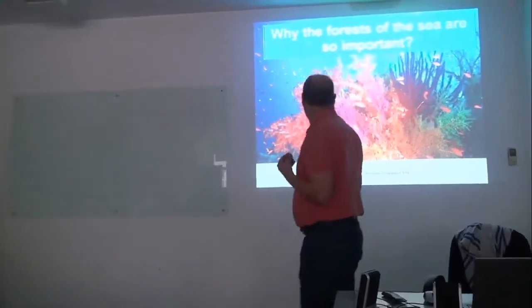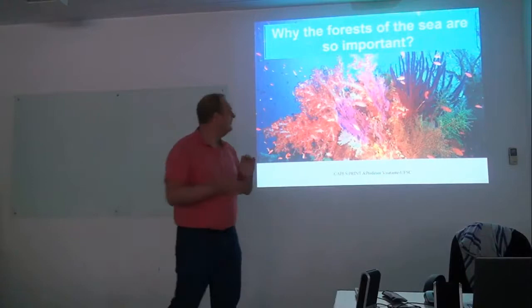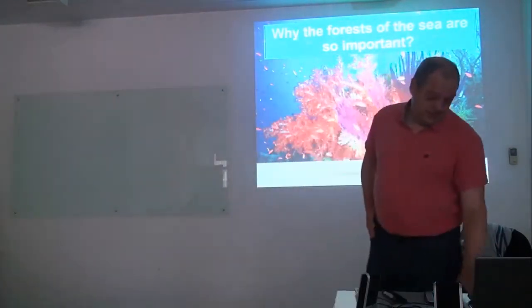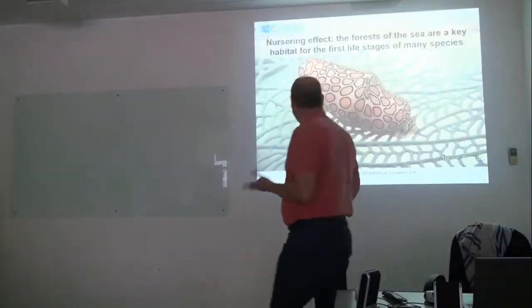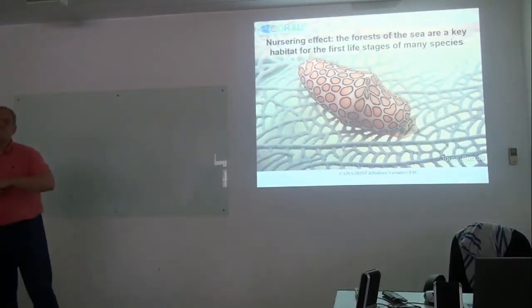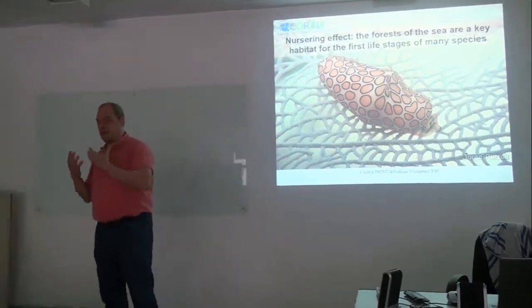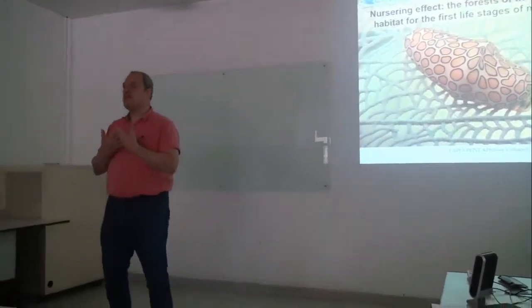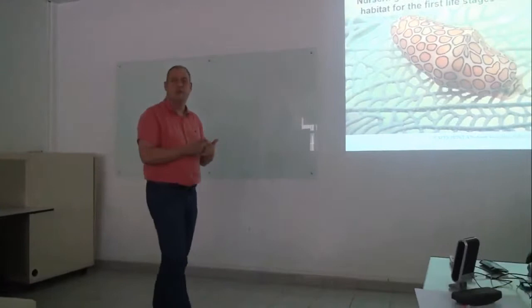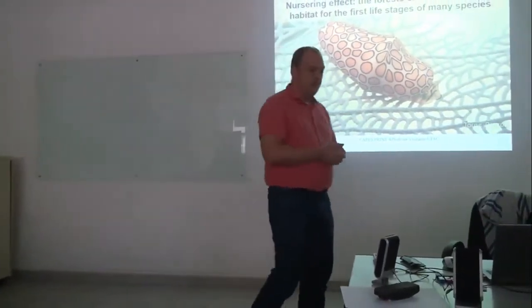And why are the animal forests so important, at least for me? Well, the animal forest has an oceanic effect. All the animal forests have many organisms that have reproduction cycles inside the animal forest. They shelter from the predators, for example, and they also feed in this complex system.